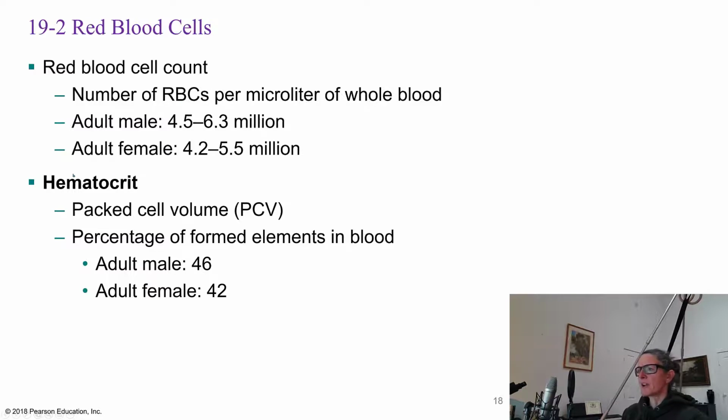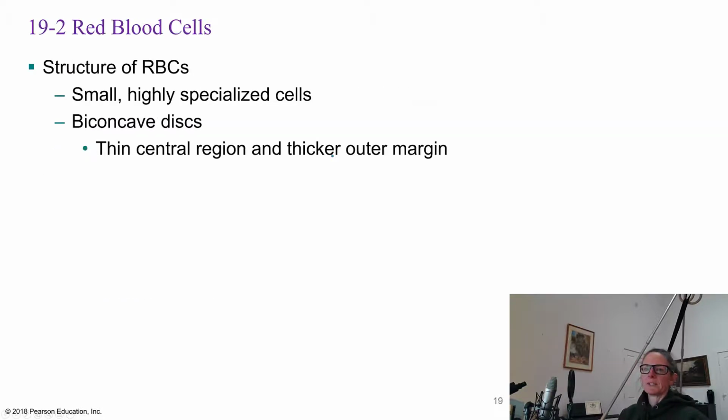When we look at the hematocrit, and that is the packed cell volume, or the percent of formed elements in blood, and this might be a little bit better measure than this, we see that it is about 46% in males and 42% in females. So a slight difference there. Once again, due to the fact that testosterone promotes the production of red blood cells.